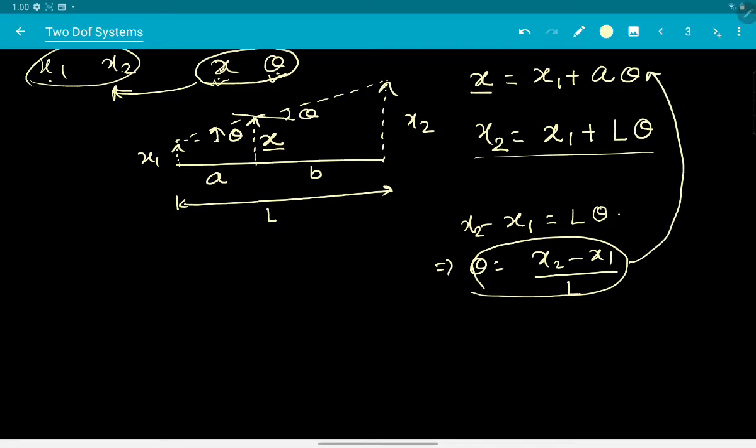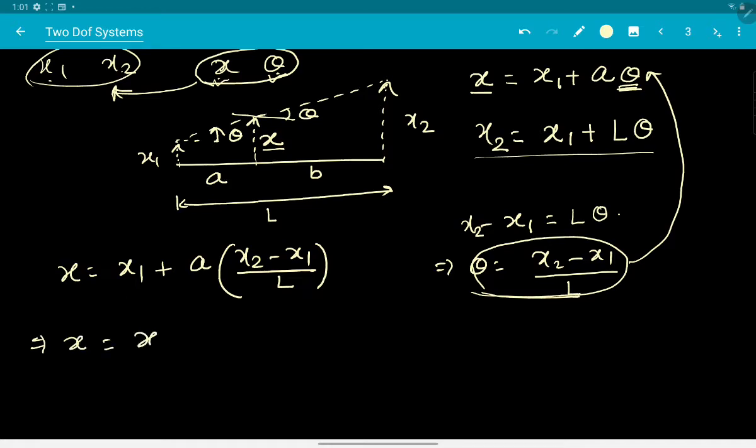If I replace theta appearing over here by this expression, then I'll get x as x1 plus a times (x2 minus x1) divided by L, which gives me that x is equal to x1 into (1 minus a by L) plus a by L into x2, which is equal to b by L x1 plus a by L x2, since 1 minus a by L is b by L.